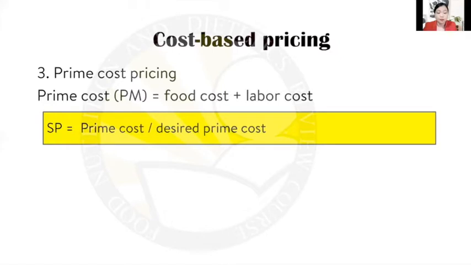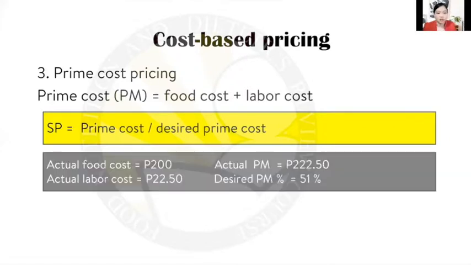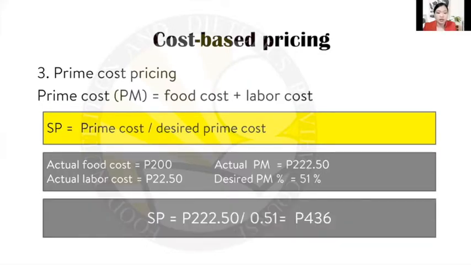For prime cost pricing, we determine the prime cost by adding the food cost and the labor cost. So selling price will be equal to the prime cost divided by the desired prime cost. For example, if the actual food cost is 200 and actual labor cost is 22.50, our actual prime cost is 222.50.